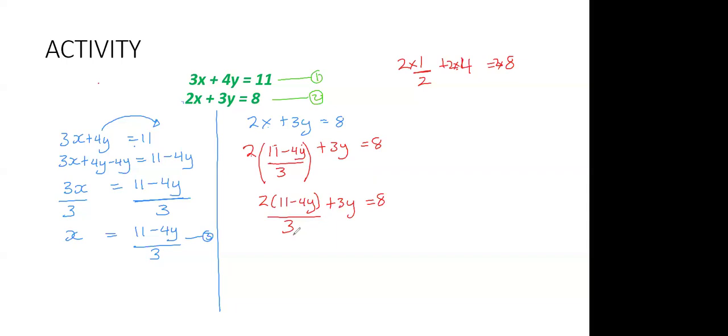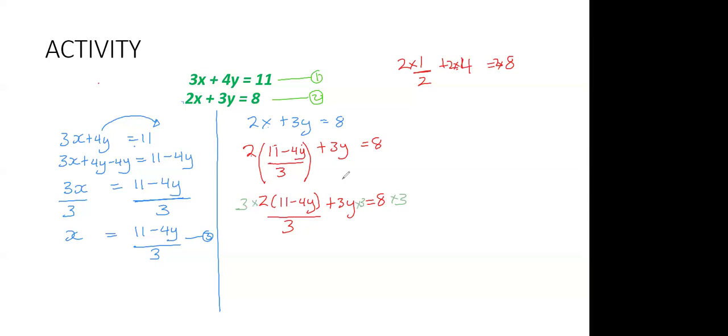The same thing, in order for me to remove this 3 down here, I'm going to multiply 3 throughout. So I can multiply here, as long as you multiply by the same thing. Whether you have multiplied by 6, as long as what you have multiplied with can make this one cancel. So here, I'm going to multiply by 3, by 3, by 3.